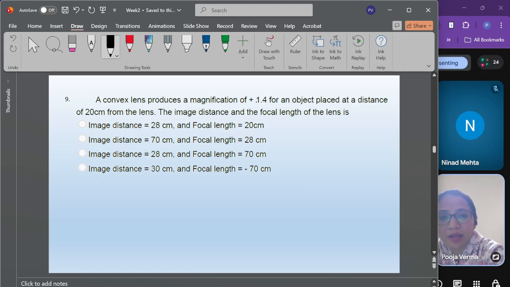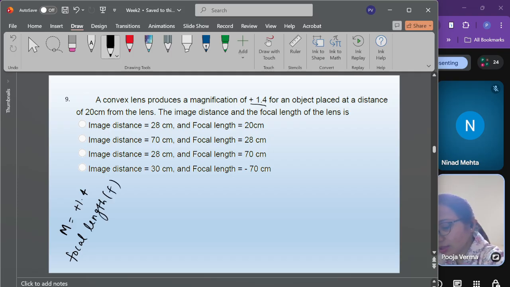So here the magnification is given, that is plus 1.4. That magnification we are representing by capital M, and the focal length you can represent by f.